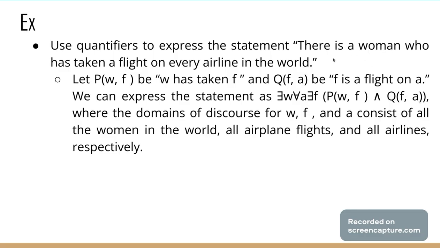Now this statement has been represented, and the domain is: W is women in the world, F is flights on an airline, and A is all airlines.